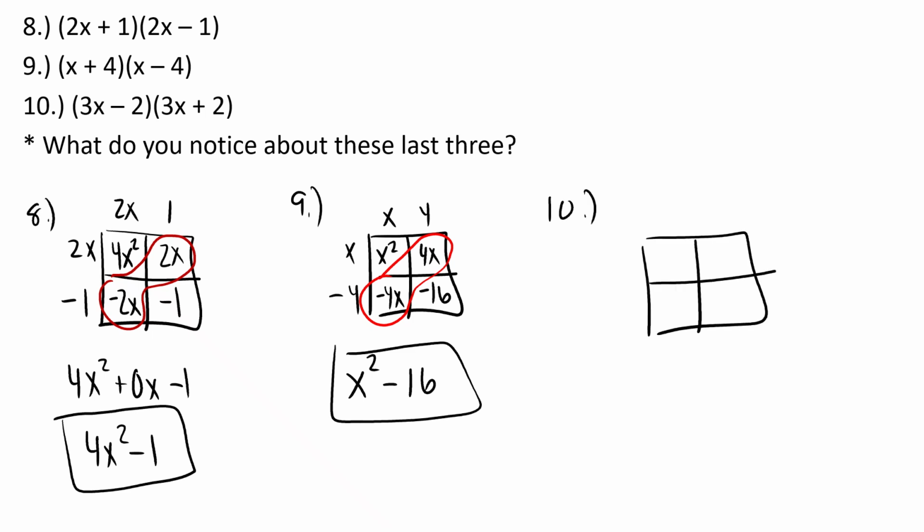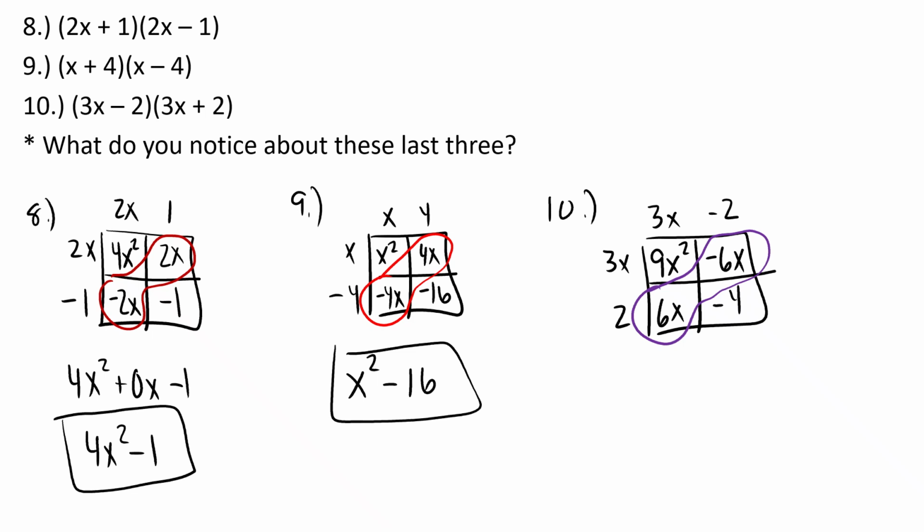And last one. Okay, so we'll do 3x minus 2, and we have 3x plus 2. 3 times 3 is 9, x times x is x squared. 3x times negative 2 is negative 6x. 3x times positive 2 is positive 6x, and 2 times negative 2 is negative 4. And we see this for the third time in a row.